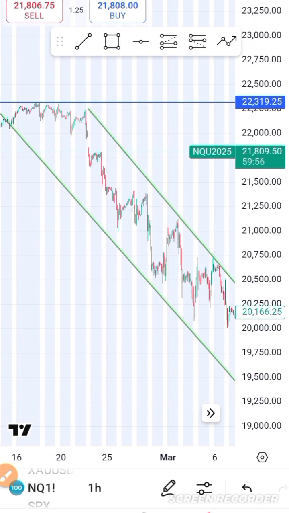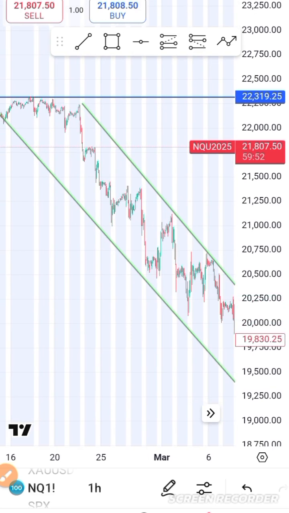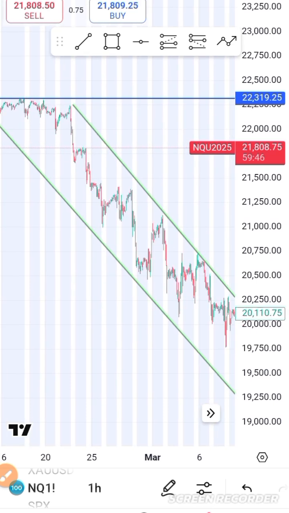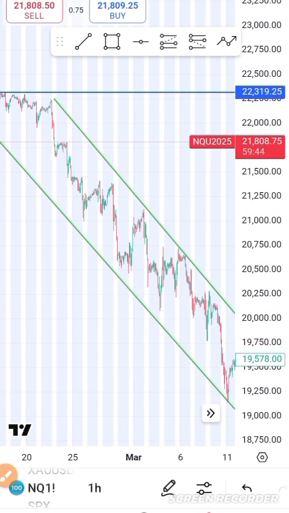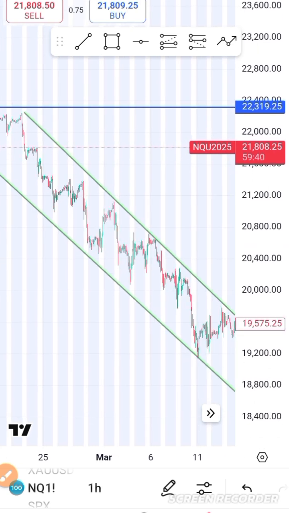Don't confuse yourself. When the market got rejected or reversed and formed a bullish engulfing in a downtrend, that's your support. It shows that now it is no longer a time of sellers. Now it is a time of buyers.